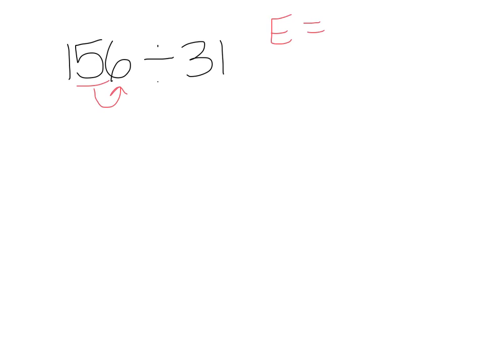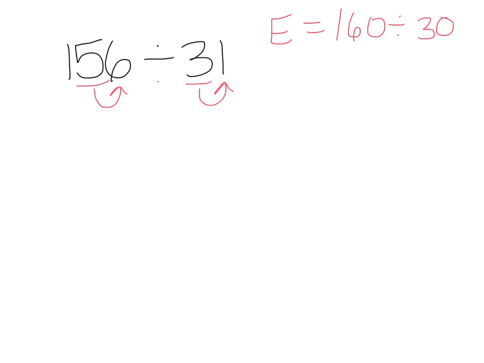Okay, I want you to try this one. 156 divided by 31. So I can estimate these two numbers, and if I was to estimate them, the 6 would make the 5 turn into a 6, so I'd go up to 160, and then the 1 would make my 3 stay the same, so I can go 16 divided by 3.